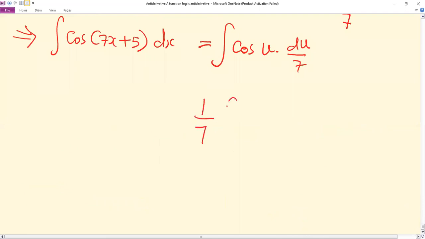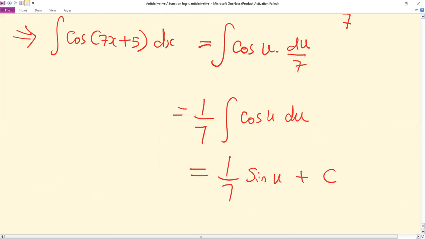So 1 over 7 integral cos of u du. And from our earlier discussion, the integration of a cos function is a sine function. So this will give us 1 over 7 sine of u, then plus a constant of integration c.